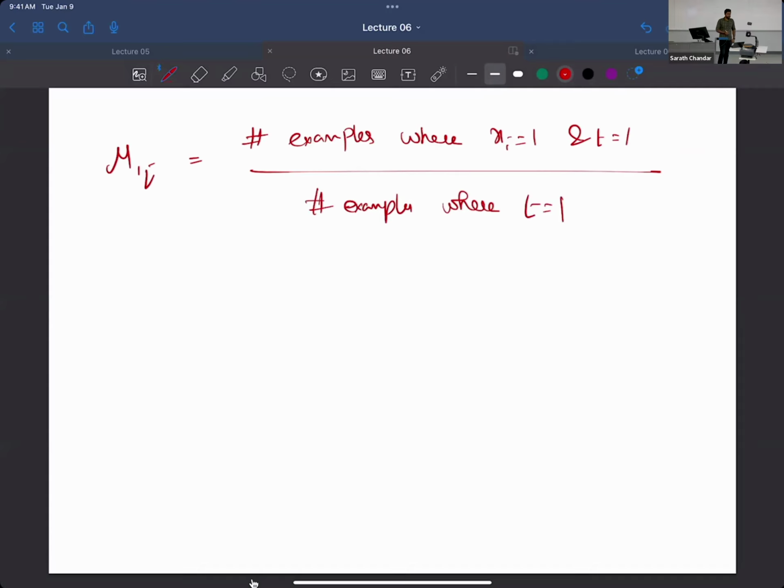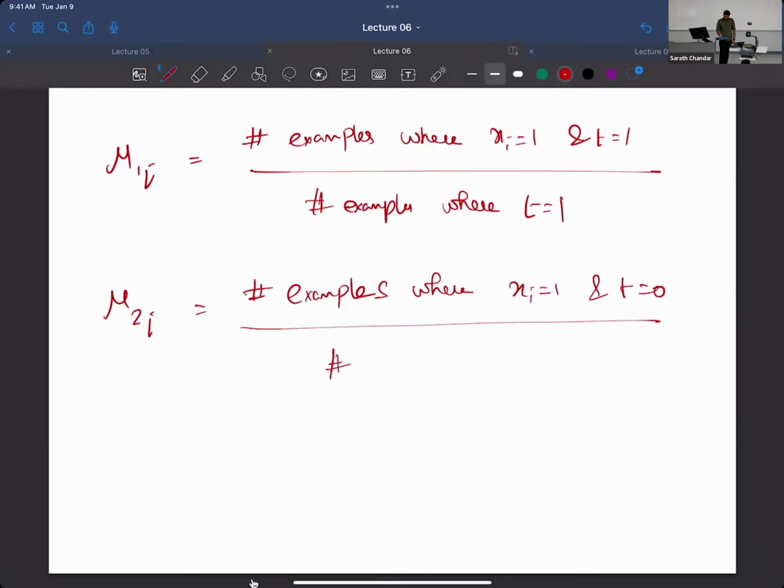Is that clear? Similarly, mu 2i is, again, I'm directly writing this; if you want, you can derive it: the number of examples where xi is equal to 1 and t is equal to 0, divided by the number of examples where t is equal to 0. Is that clear? Any question?